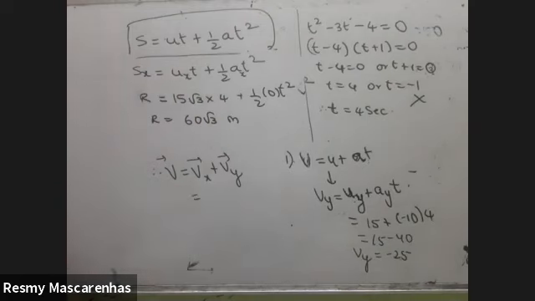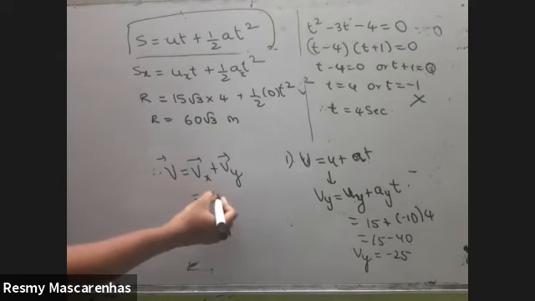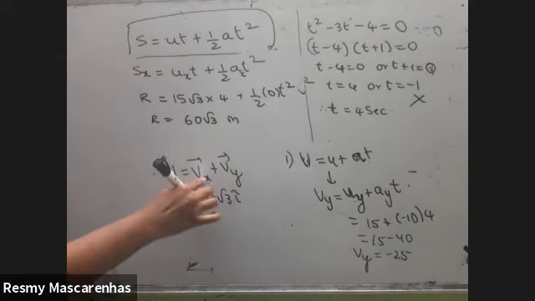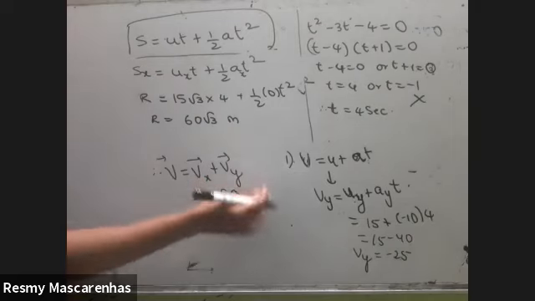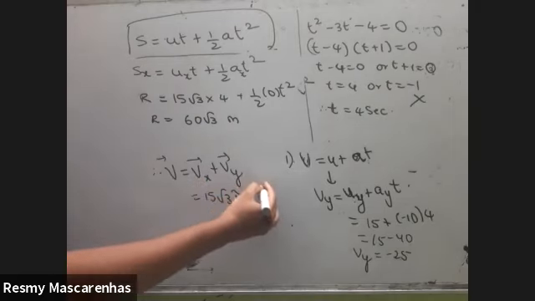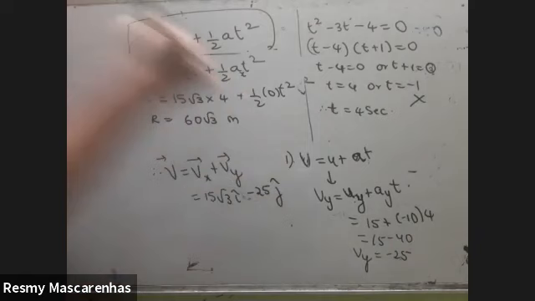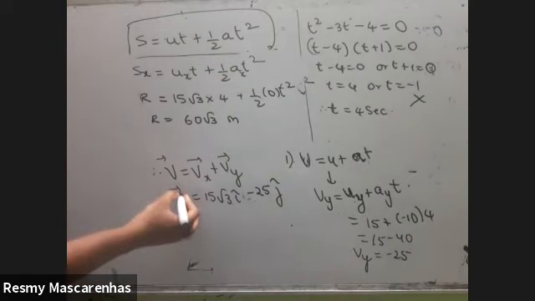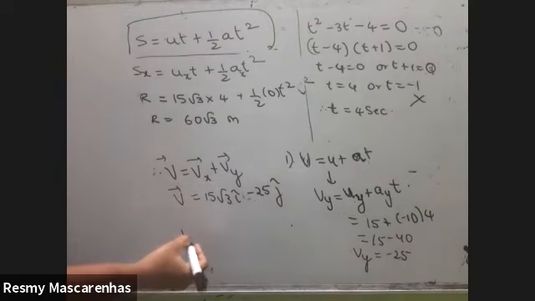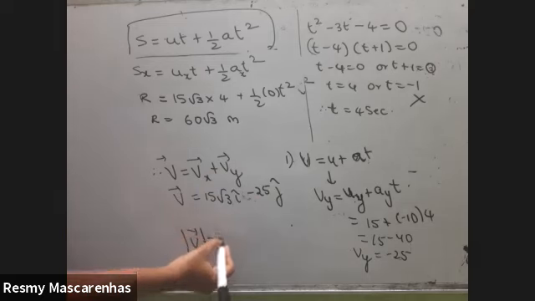Vx we had got as 15 root 3. Just put i cap just because it's x, and this will be, so that's your velocity. In case you want to know its actual value, this along with the direction, then you'll have to find the magnitude.